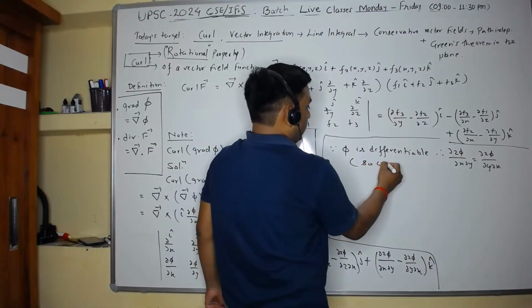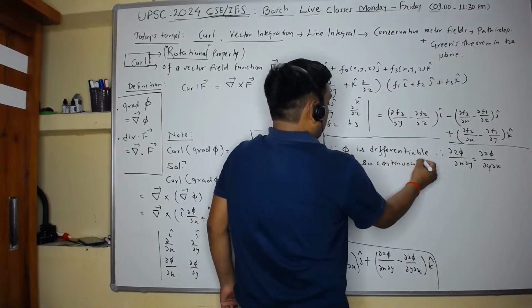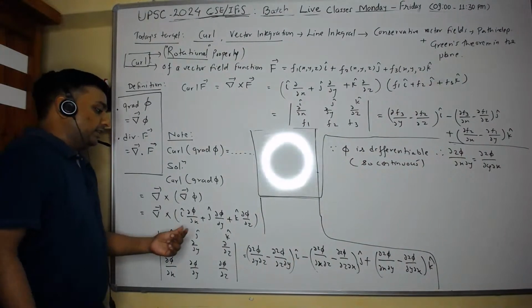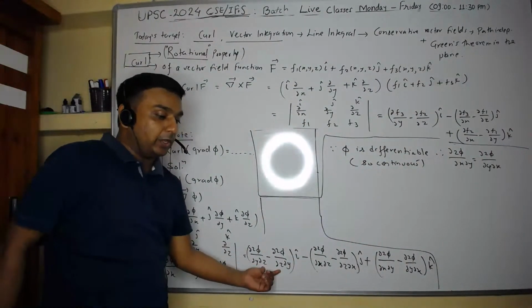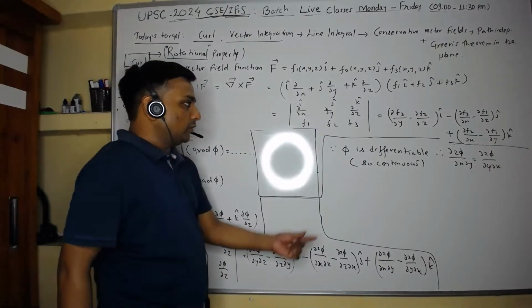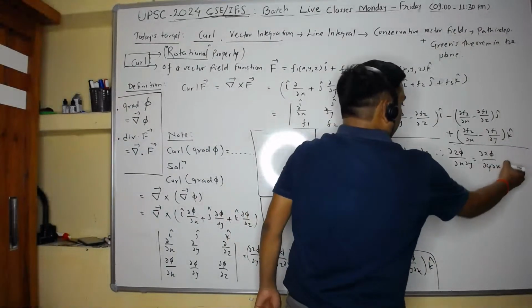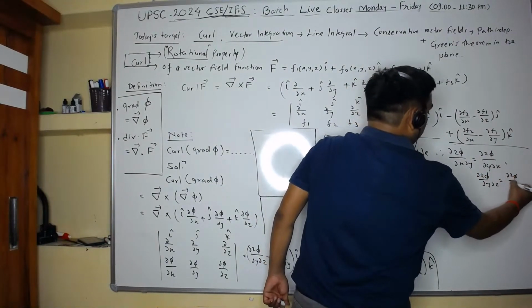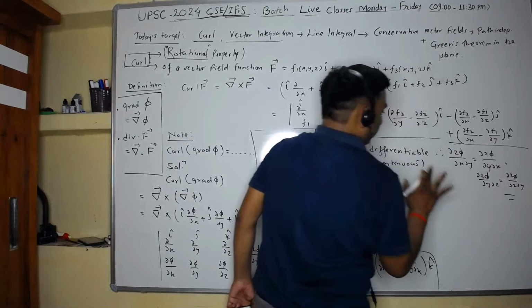Differentiable, so continuous. If you are interested in knowing more about the mathematics, such coefficients will be equal when phi is continuous, right? And in the same manner, dou 2 phi over dou y dou z will be dou 2 phi over dou z dou y, and so on.